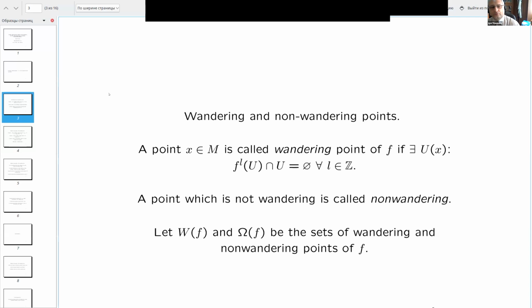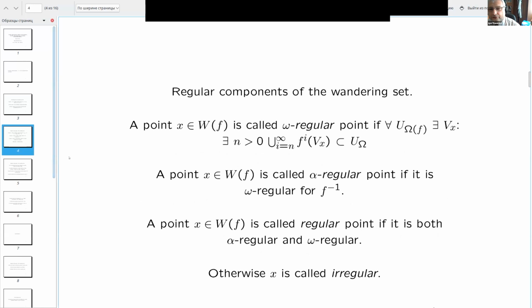An example of a non-wandering point is a fixed point, periodic point, limit point, and so on. We will denote the set of wandering points as W(f) and the set of non-wandering points of f as omega(f). These are classic definitions. Birkhoff defined a decomposition of the wandering set into so-called omega regular components, alpha regular components, and regular components.